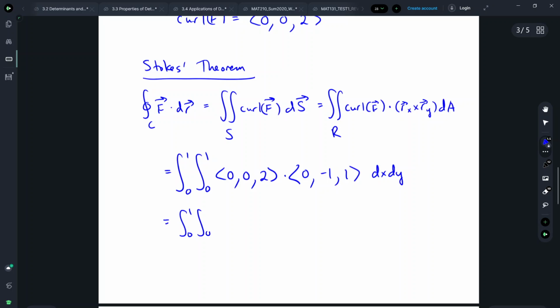Okay, so here let's just calculate the dot product real quick, right? So this is just 2 times 1. I mean, this is 0, and this is 0, and then 2 times 1 is 2. And so this is just a constant, so you can pull it out.